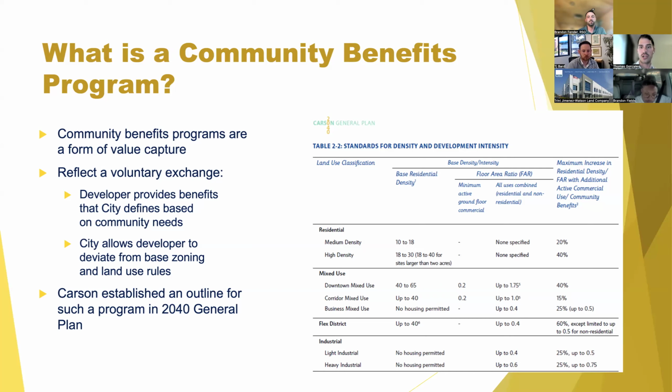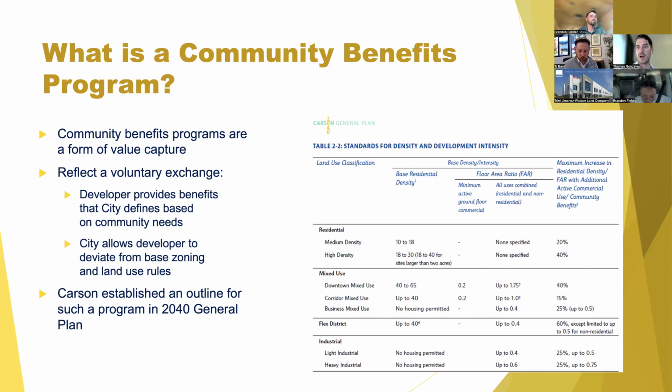So the 2040 general plan actually includes the following table that notes that certain land use classifications are eligible for a potential community benefits program. So you can see here the medium and high density residential, the various mixed use categories, as well as the flex district and industrial zoning.